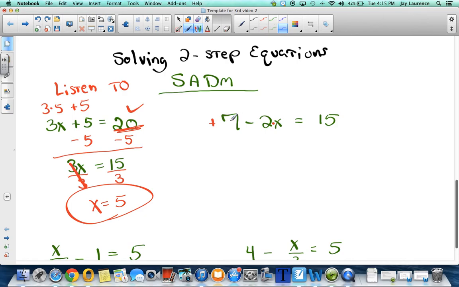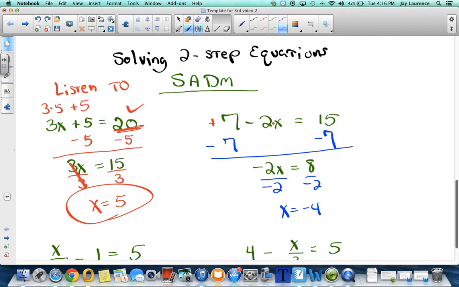Well, how do I get rid of a positive 7? I use the inverse. So my equation now becomes -2x equals 8. And then I need to divide by -2 on both sides. So x is going to equal -4.